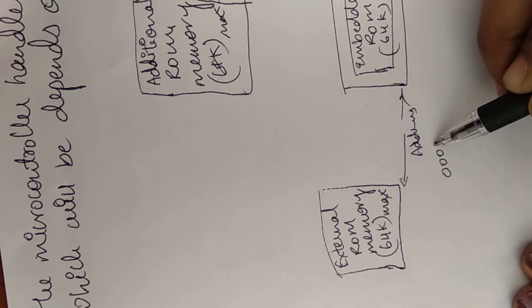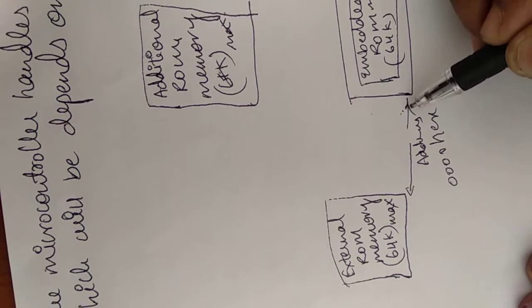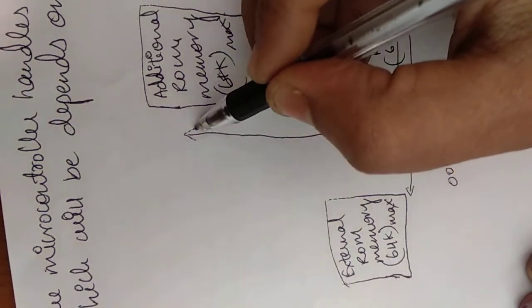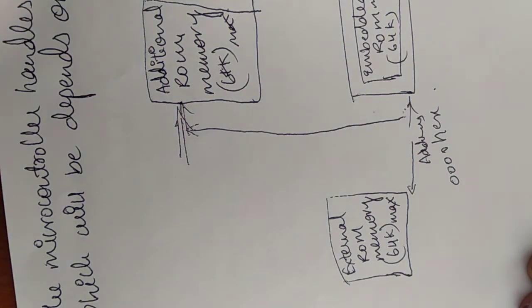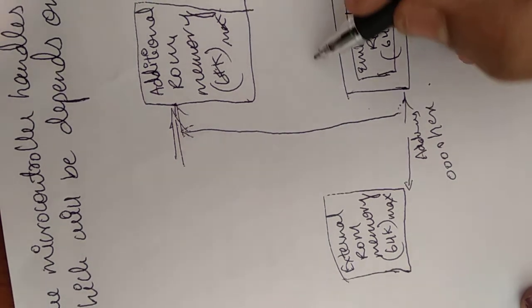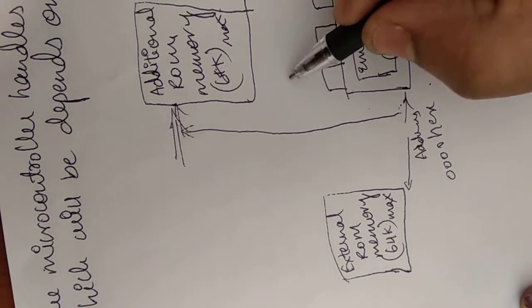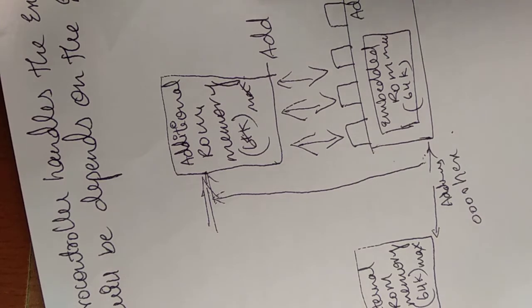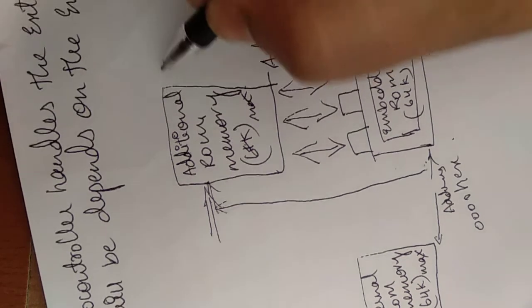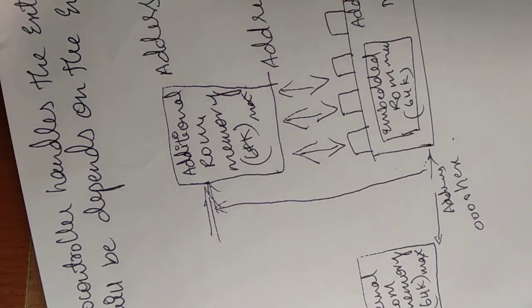Address of 000 hexa. So the address for this external additional RAM is read after 4000 hexa till 64K, that is address of FFFF hexa.